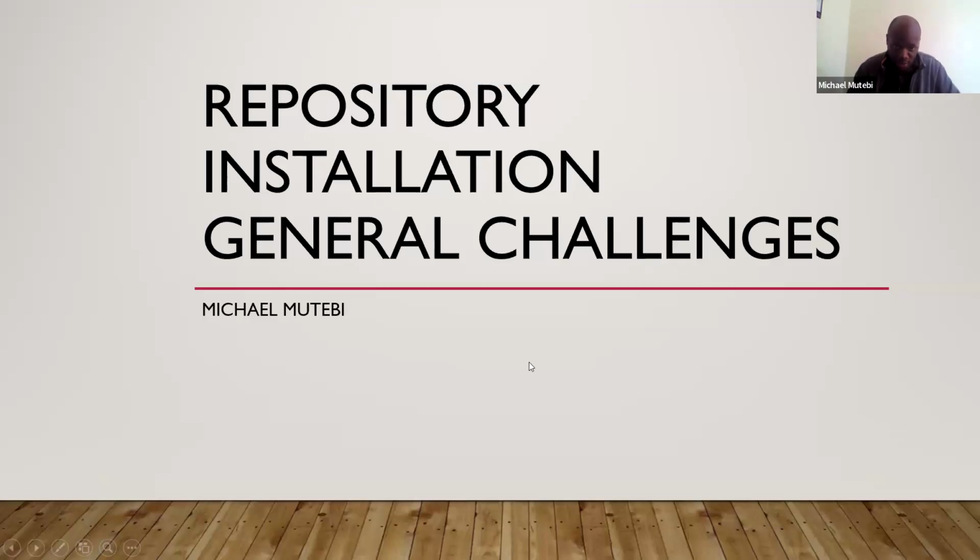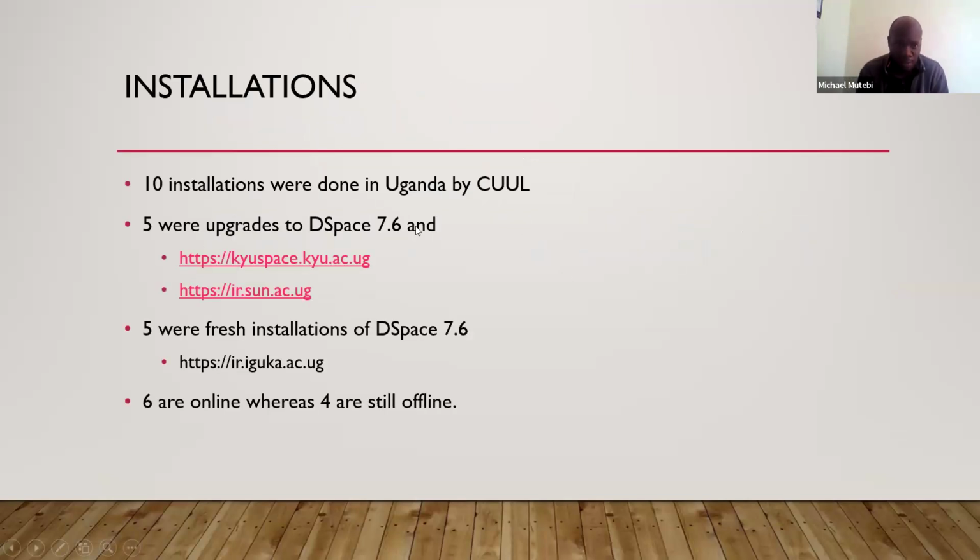All right, my name is Michael Mutebi, and I'm a system administrator in one of the universities and a member of CUUL. We undertook a project of 10 installations. This was done by CUUL, the University Consortium for Libraries.